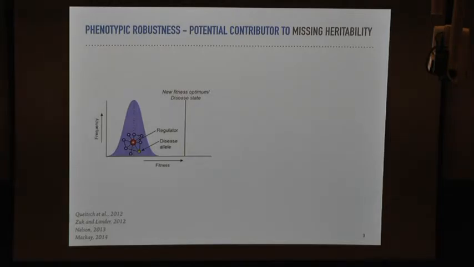So think in terms of how people have been trying to define cryptic genetic variation. Let's assume that in a population there is a disease allele under a regulator, a network of genes regulated by a regulator. In this population the disease allele is not showing its phenotype, which means the disease allele's phenotypic effect is buffered.